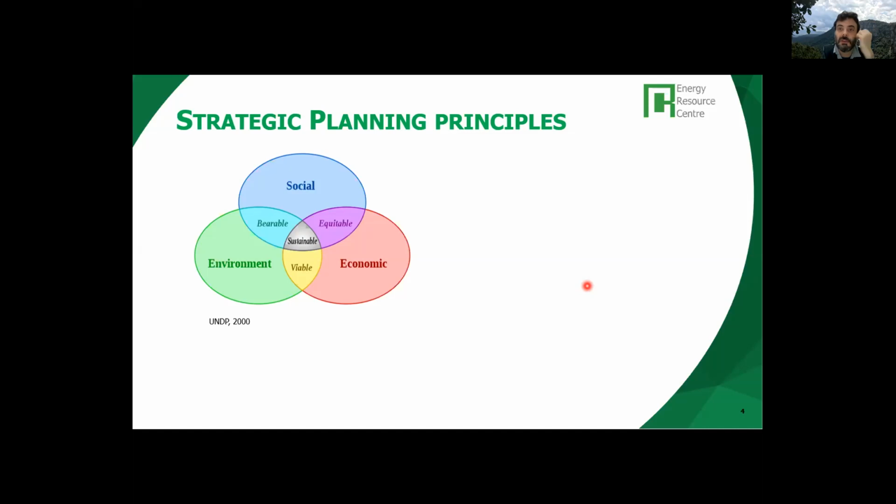If we go back some years in time, 20 years ago, when these visions were first formulated, we had a vision of sustainability which was the symbiosis or the connection of 3 main vectors: the social, the economic, and the environmental. That was the convergence of the 3 key elements of sustainability.